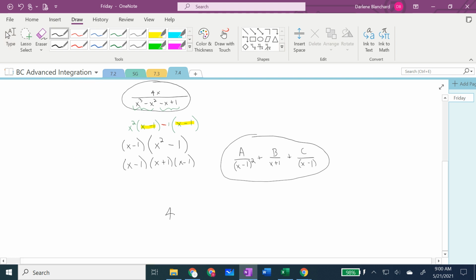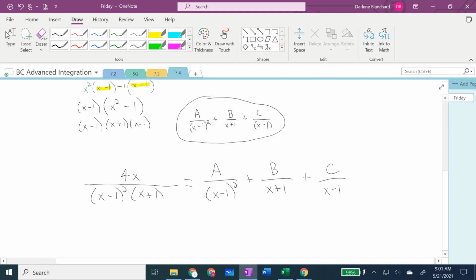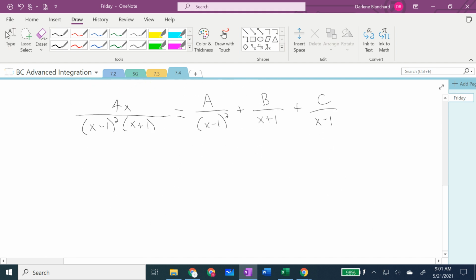I'm going to write this as an equation just like we did before. And you know what? I'm going to factor that denominator because I already know its factored form. That must be equal to this expression.